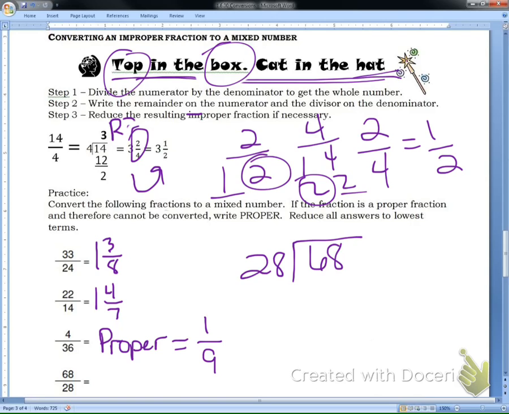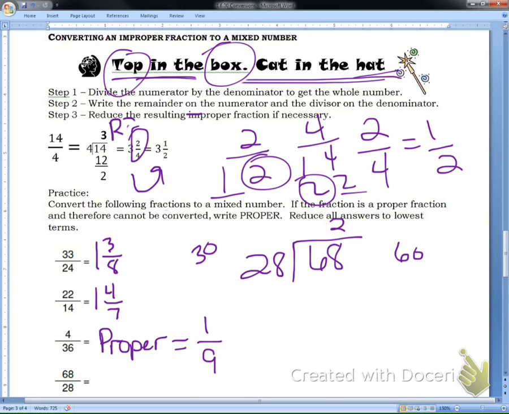If you're ever having trouble deciding how many times it could go into without going over, then use a little estimation. 28 is pretty close to 30, and 68, you could say 70 or 60. So it looks like 30 can go into 60 about 2 times, maybe. So let's just try it, and if it's too big, then we'll just drop it down a little.